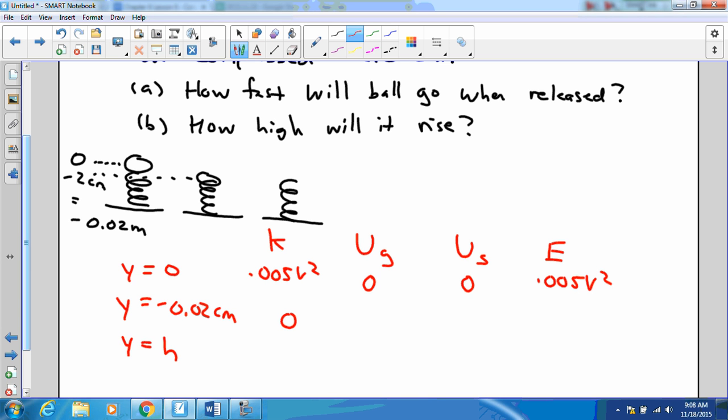I have a little bit of negative potential energy because I'm below ground, right? So that's going to be mgh. Let's put all the factors in here. m is 0.01 kilograms times g is 10 times h is negative 0.02.